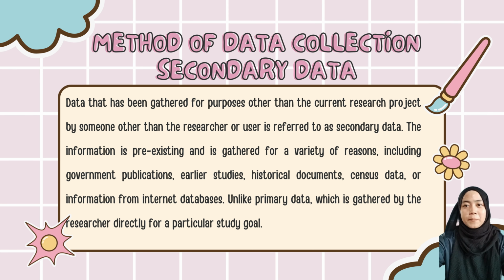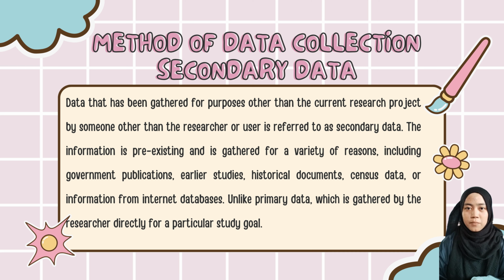Next, I am going to explain the method of data collection known as secondary data. Secondary data refers to information that has been collected by someone else for a purpose other than the current research project. This type of data already exists and is usually gathered from sources such as government publications, previous studies, historical records, and census data or online databases.